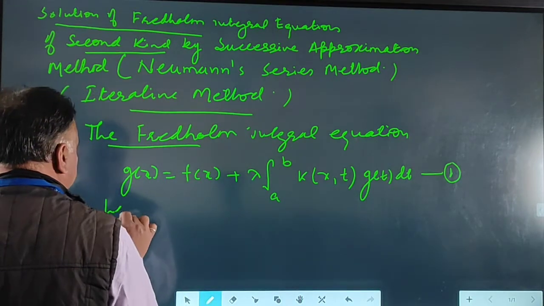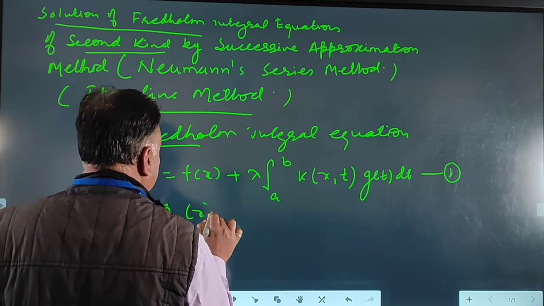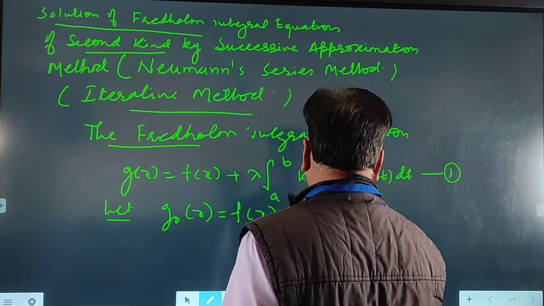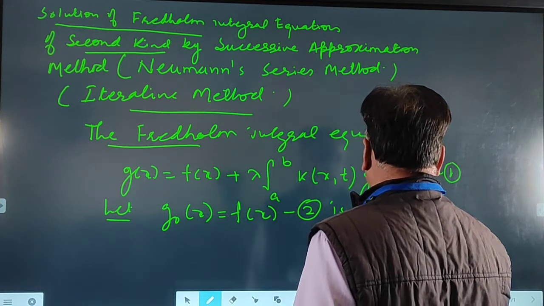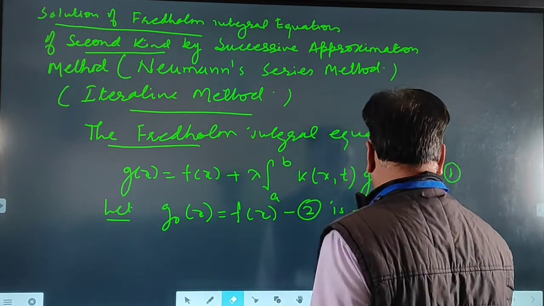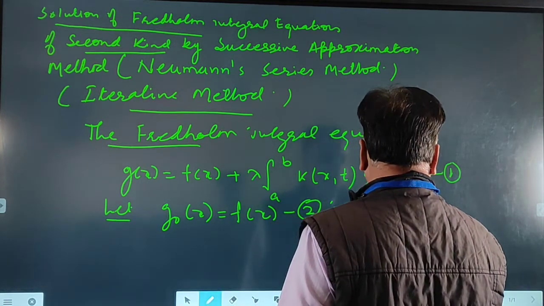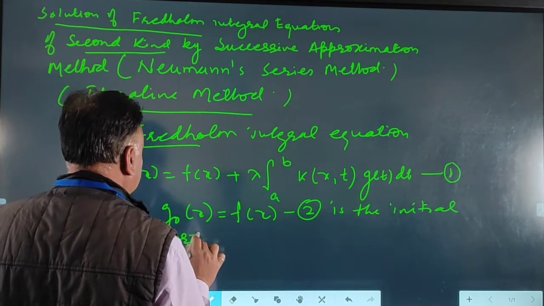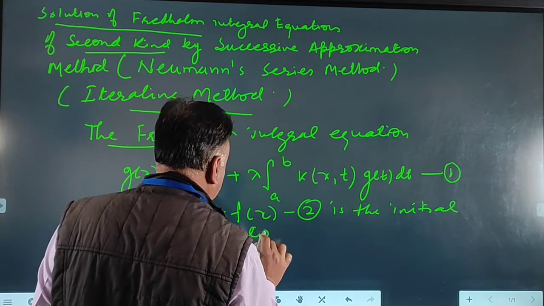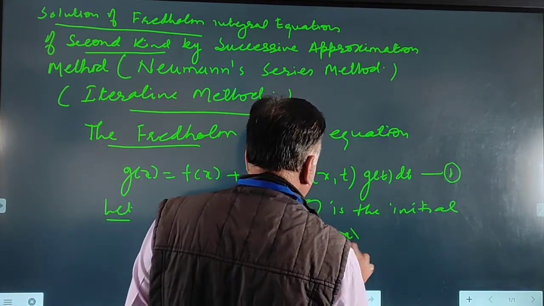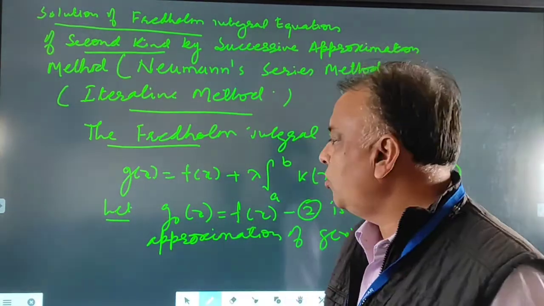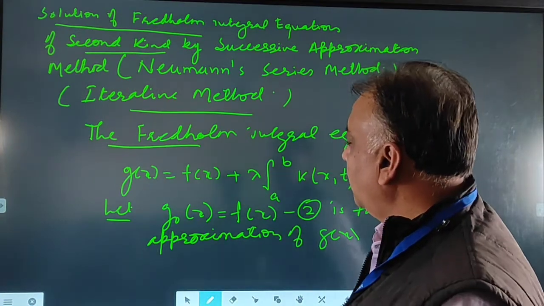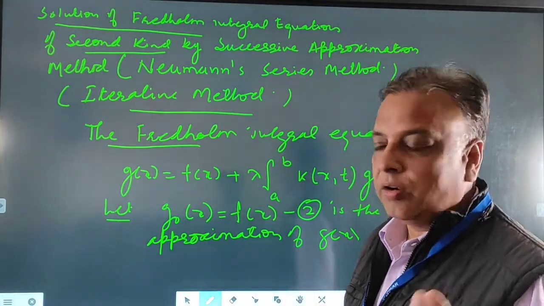Let g0(x) = f(x) be the initial approximation of g(x), the unknown function.